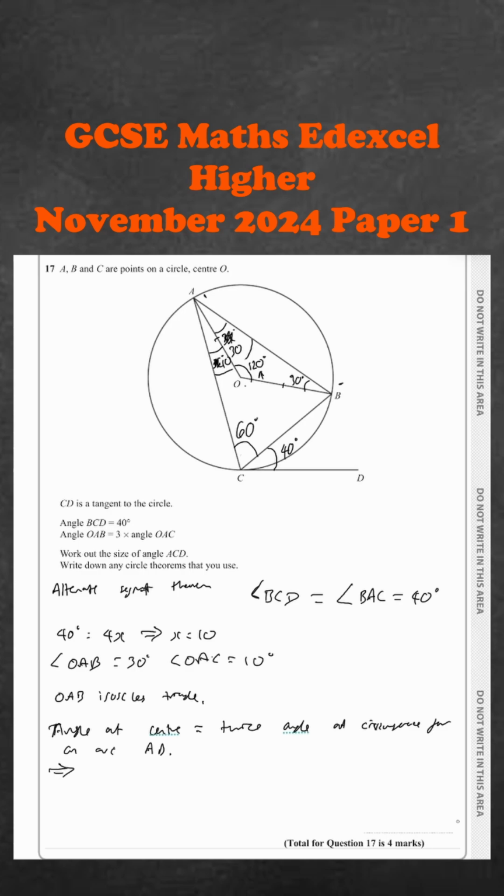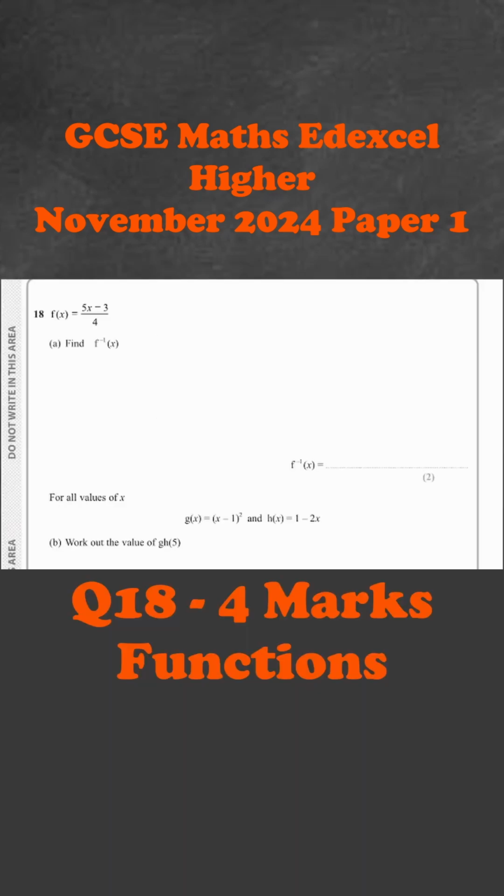So we're going to say, therefore, BCA equals 60 degrees. Now, the question wants us to find the size of angle ACD. ACD must then equal 60 plus 40, which is 100 degrees.